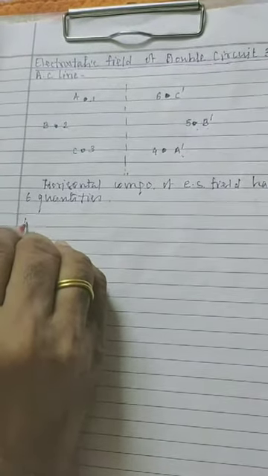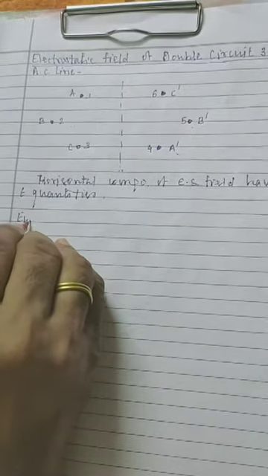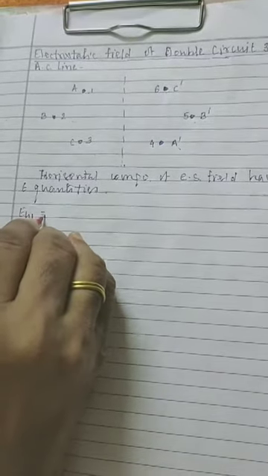Now E is the electrostatic field, horizontal component H, for conductor 1.